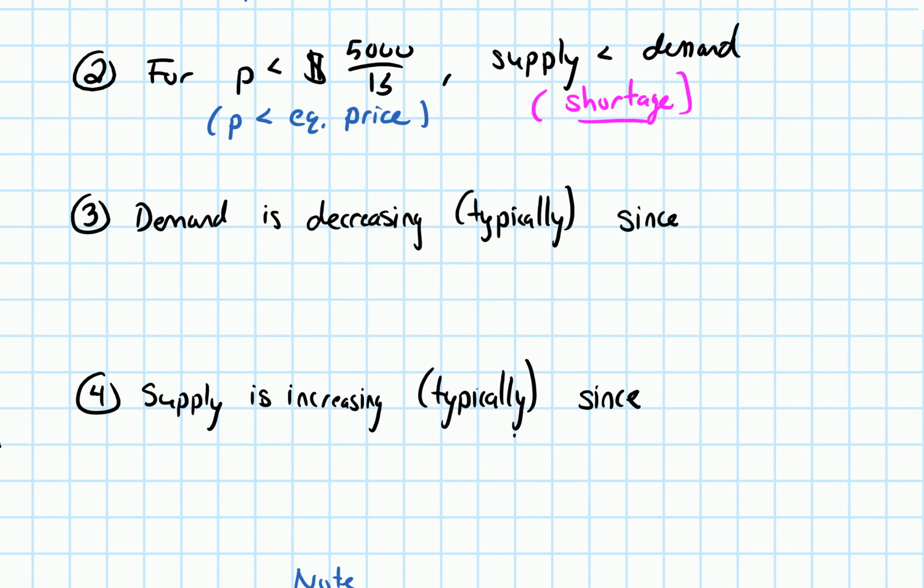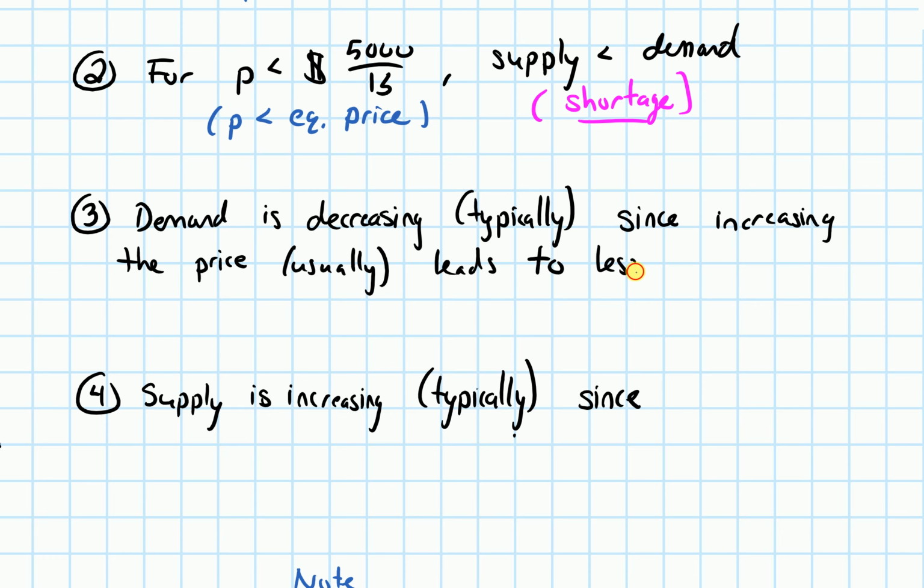Typically that's the case, and the reason is that increasing the price, which means moving to the right in the graph, usually leads to fewer people wanting to buy it. Typically, the pricier something gets, the fewer people are willing to buy it.